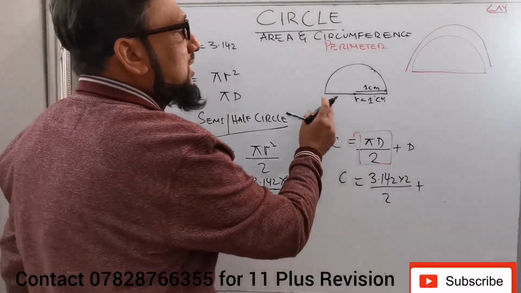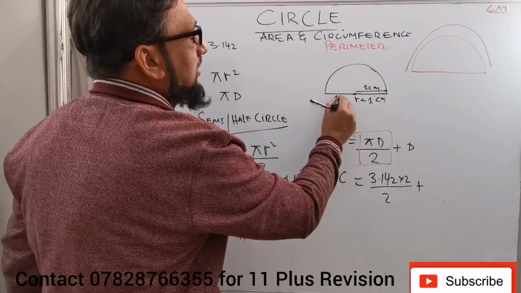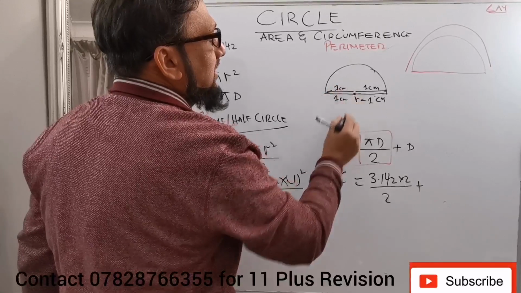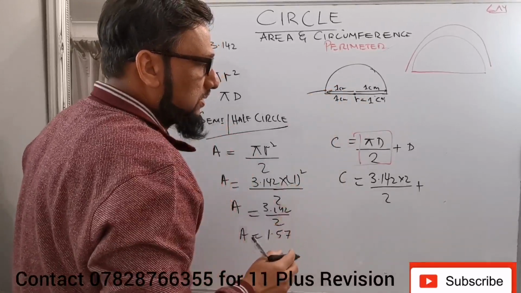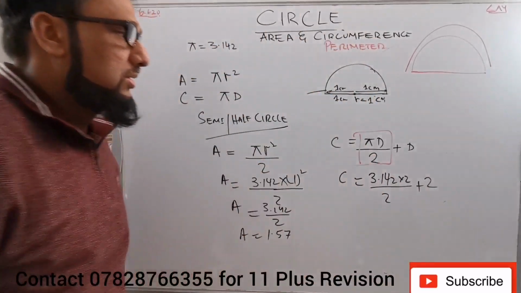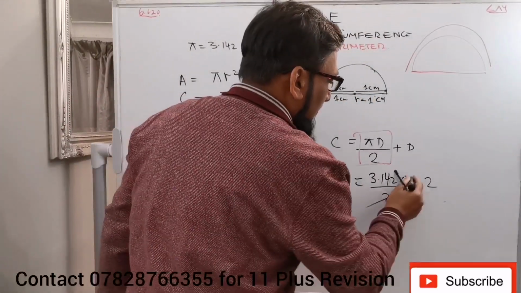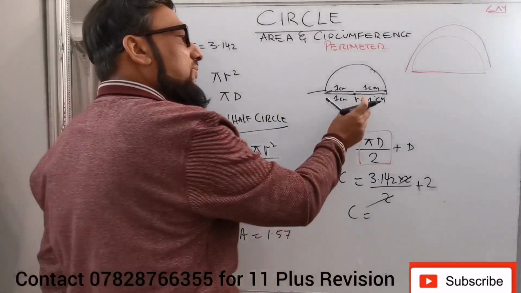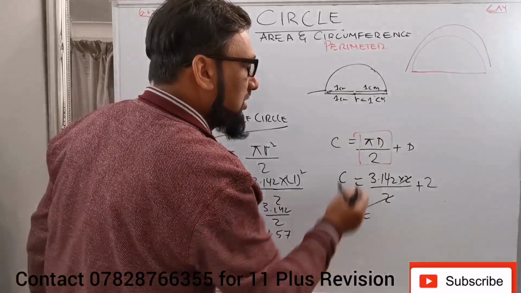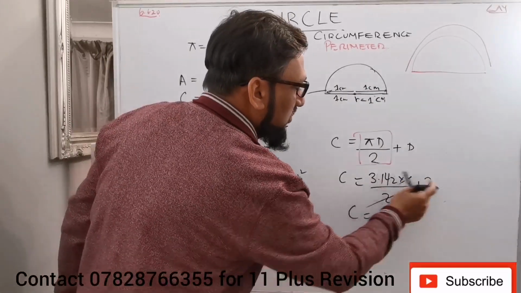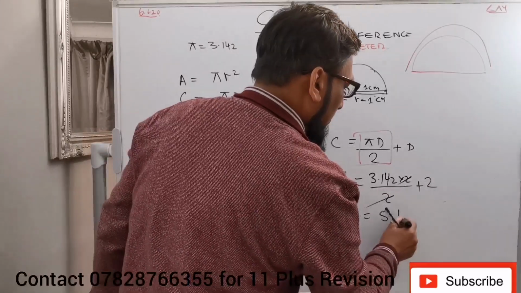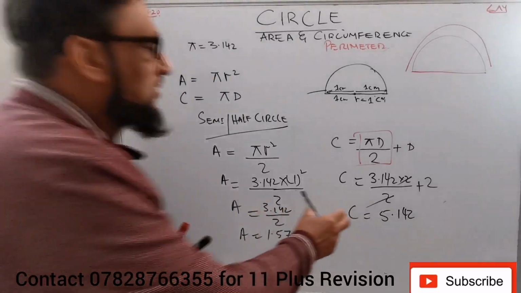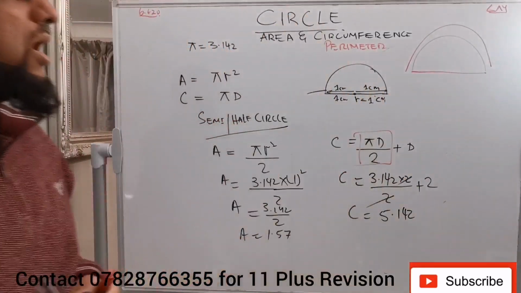The distance across is 1 plus 1, so the total diameter is 2. This 2 cancels with this 2. So the circumference of the half circle, if the radius is 1 centimeter, will be 3.142 plus 2, which is 5.142. So this is the circumference of the half circle.